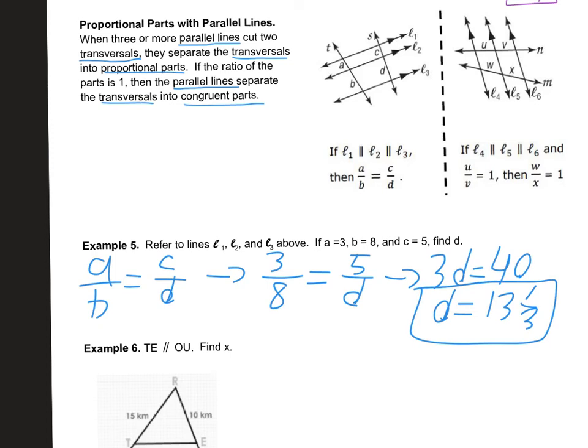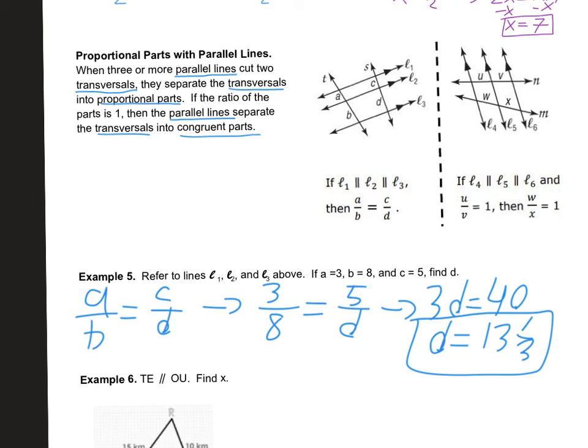So even though finding a nice clean proportional fraction of 5 to something to equal 3/8 might be a daunting task for us via calculator or via previous math, we can use this rule, our proportional parts with parallel lines rule, to find proportional fractions given parallel lines. One last one.